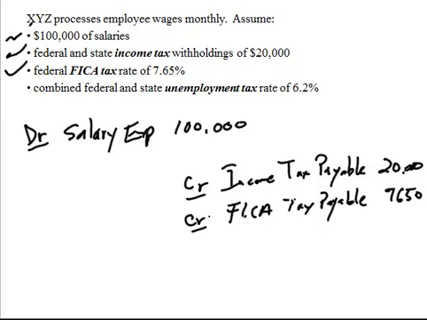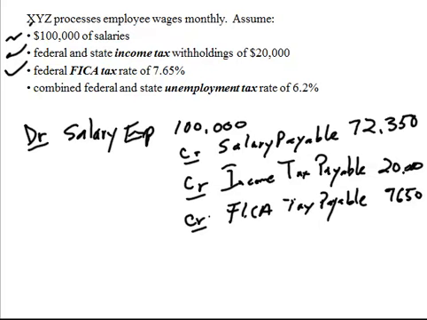The FICA tax represents Social Security and Medicare tax that is being withheld from the employee's paycheck. It is a liability to the employer because the employer has an obligation to remit that to the federal government on the employee's behalf. Finally, we will credit salary payable for the net $72,350 that the employees will actually see as take-home pay.